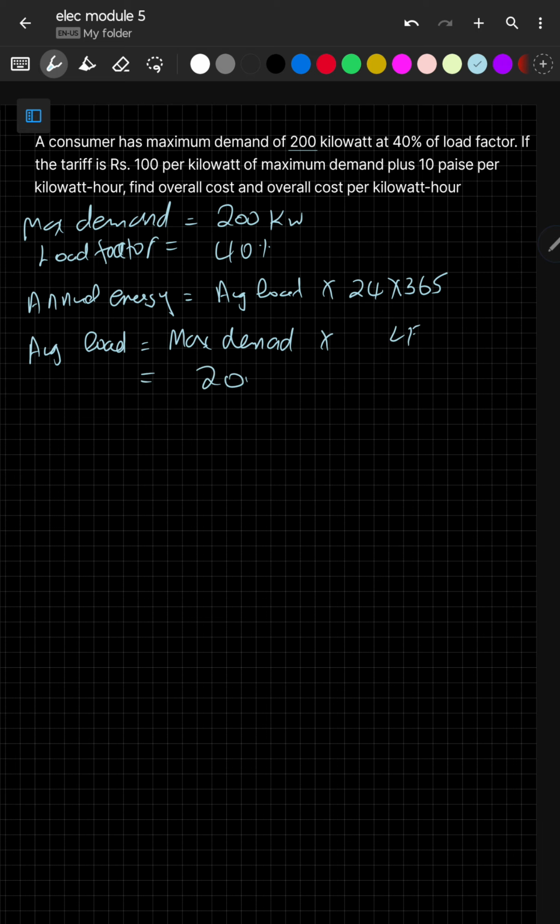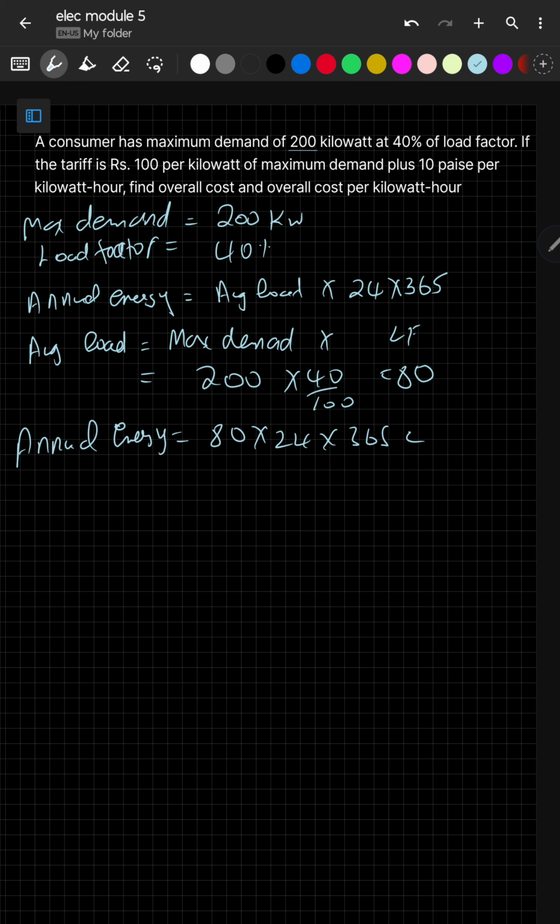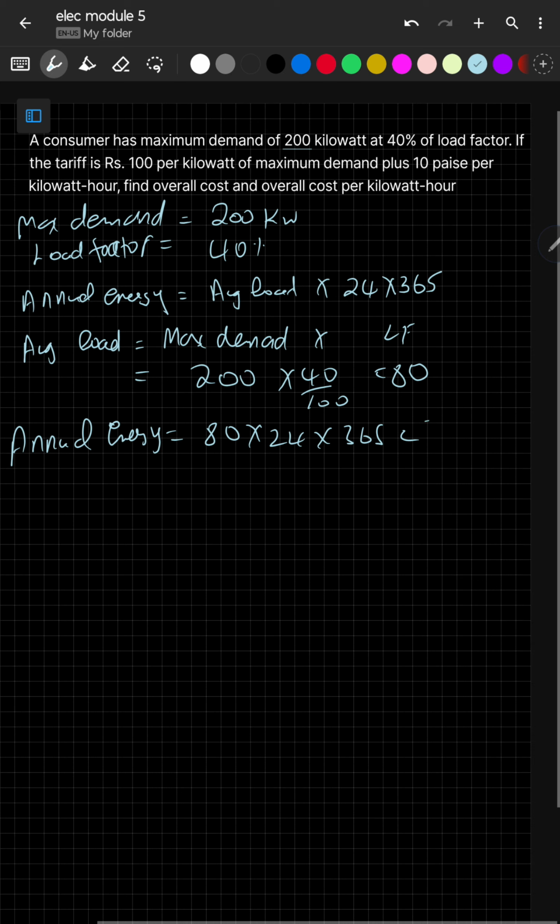This we know, 200 into 40 by 100, that we got it as 80. Substitute now annual energy. You will get annual energy is equals to 80 into 24 into 365. Now you will get 70,800. You got this.